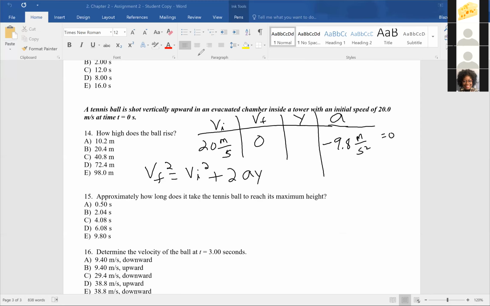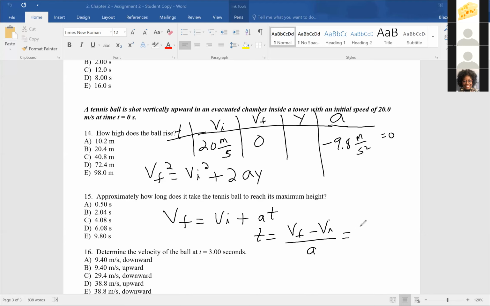Now, the same given, but instead of solving for y, I want to solve for t. So we have an equation that says v final equals v initial plus at. Now I want to solve for t. So t, of course, is v final minus, this goes to the other side, v initial, divided by a.